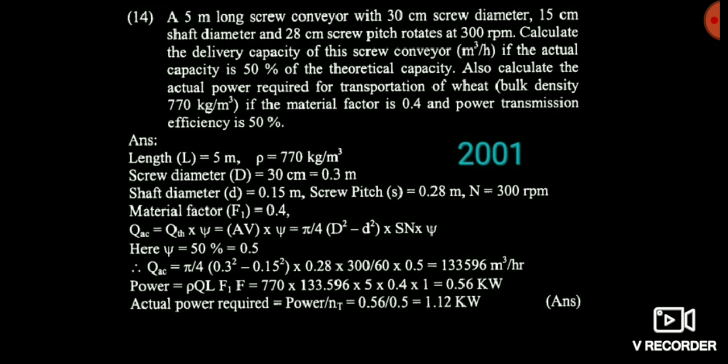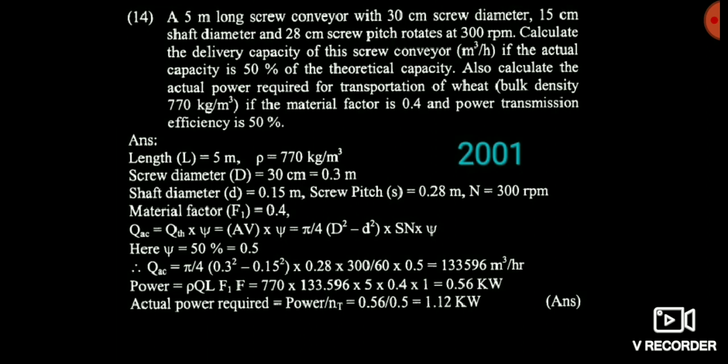So you put all these values, you can get the actual capacity, that is 133.596 meter cube per hour. Friends, it is given per hour, means you have to multiply with 3600. You should be very clear with the units conversion, friends. So you get in meter cube per hour.